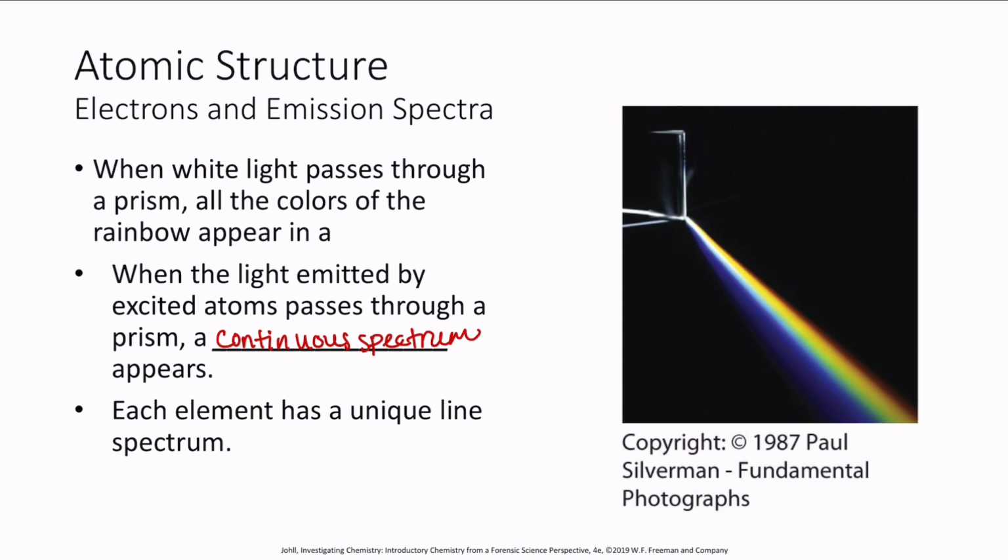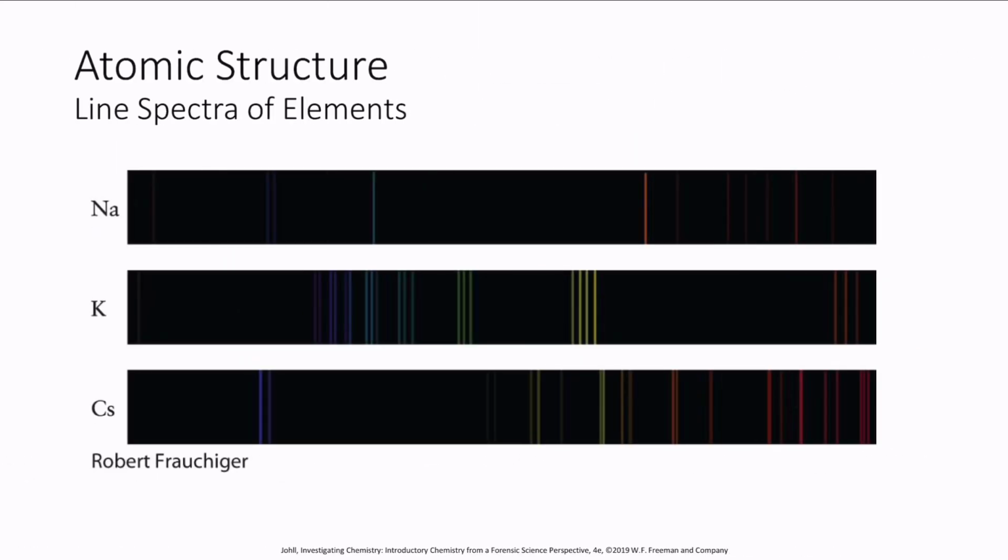So, what is a line spectrum? Here are some different examples of line spectra. Now, when the light emitted by excited atoms passes through a prism, then we get these different line spectra. In the first one, we have the line spectrum of sodium.